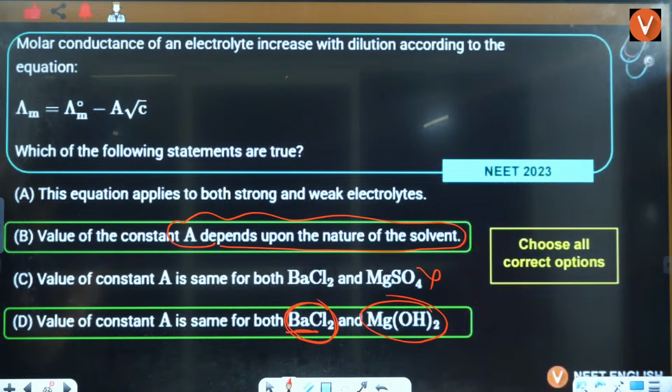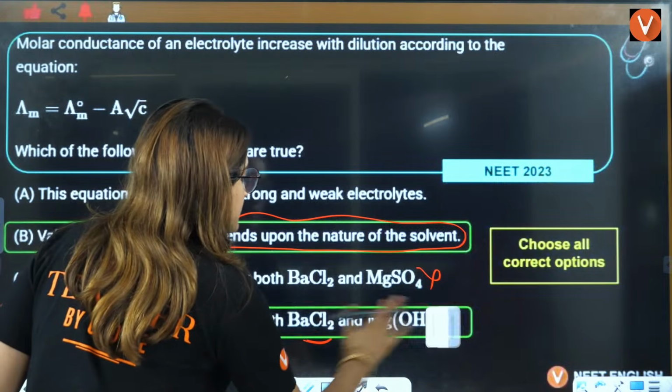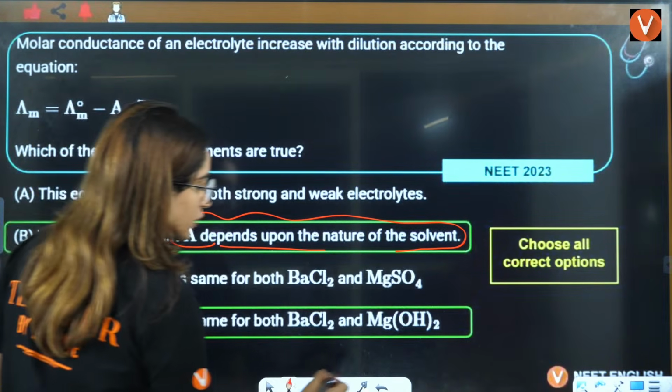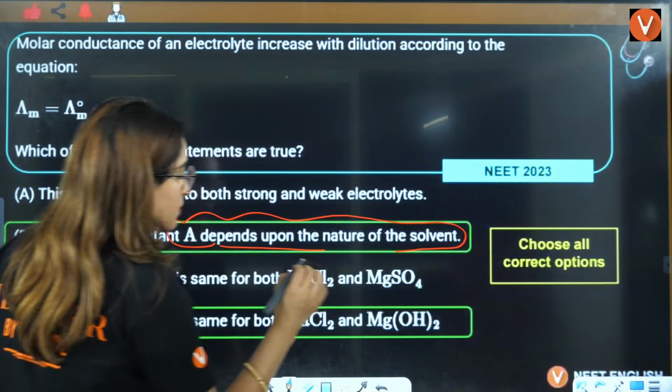Wait a minute. Okay. Okay. Yes, it is the same only. Let me just tell you that the same logic is applied there.